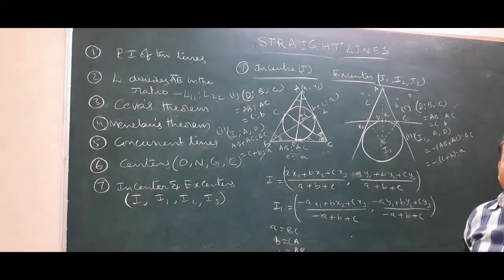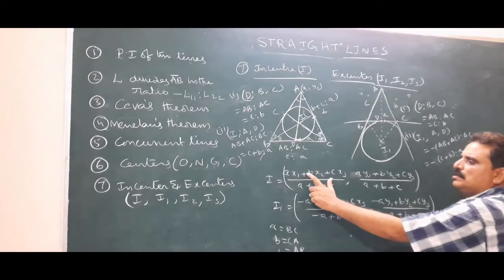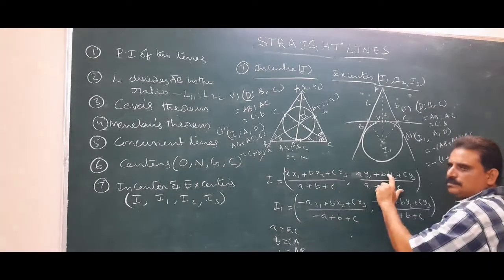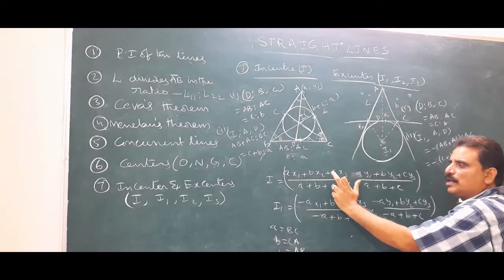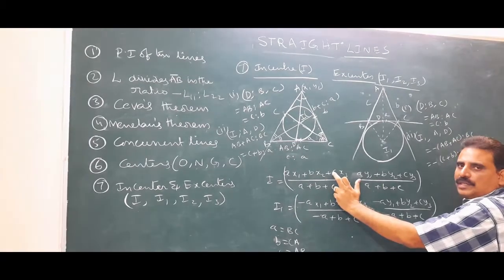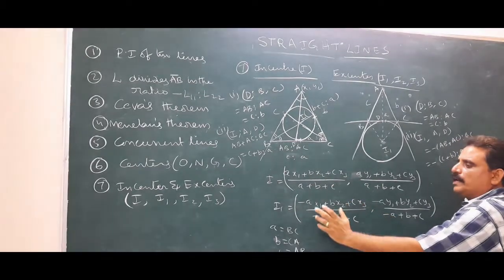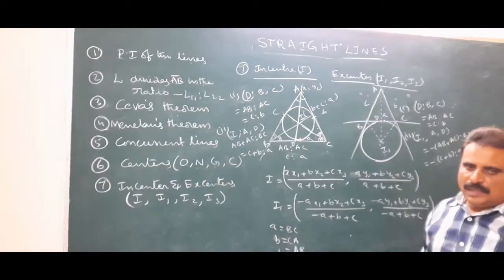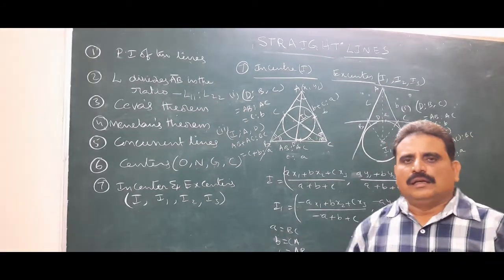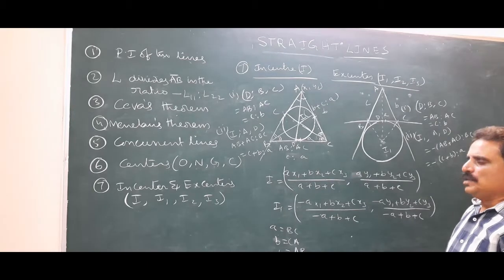In the same way, for I2 the sign changes only at b, and for I3 the sign changes only at c. So here we get I1, I2, I3.